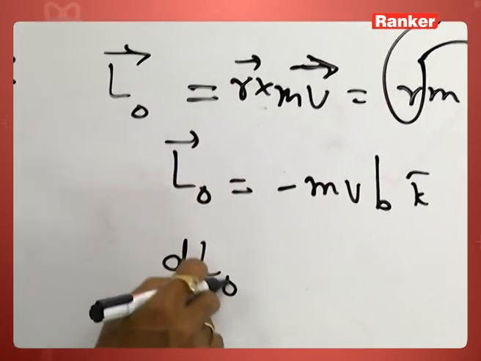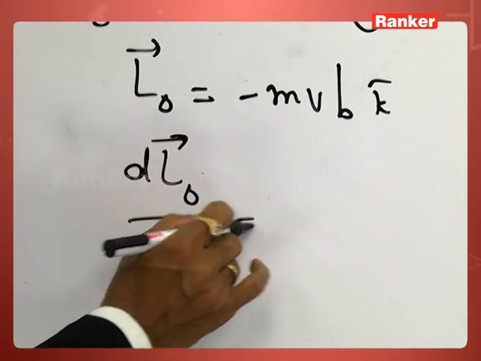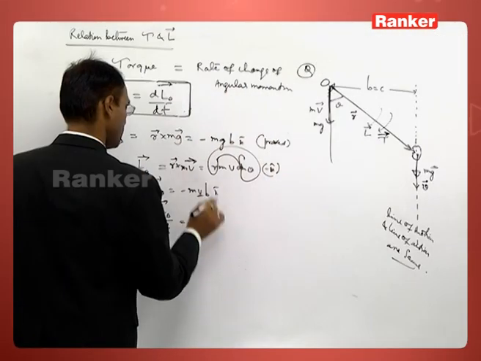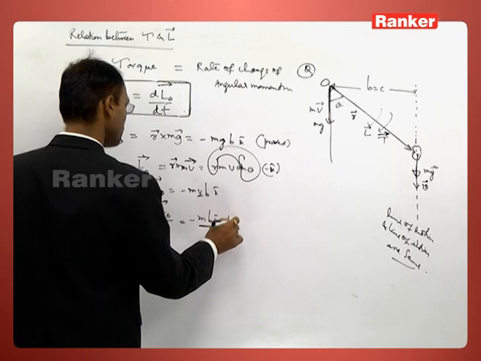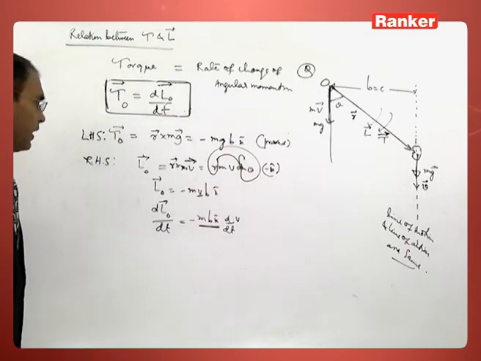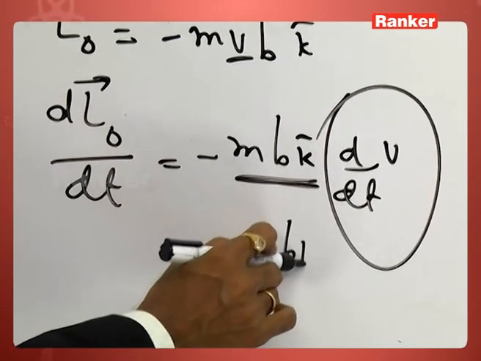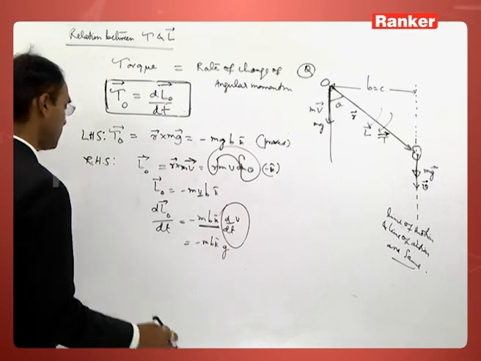You take the derivative of this angular momentum with respect to time. You are getting, all these are constant quantities, take them out of the derivative. Rate of change of the speed is equal to the magnitude of gravitational acceleration.